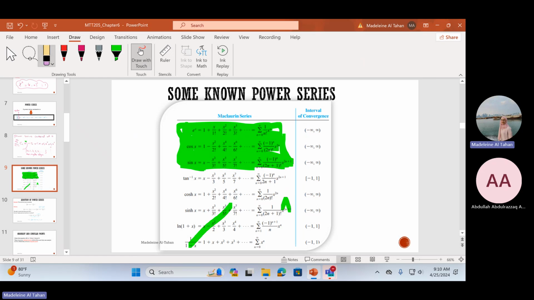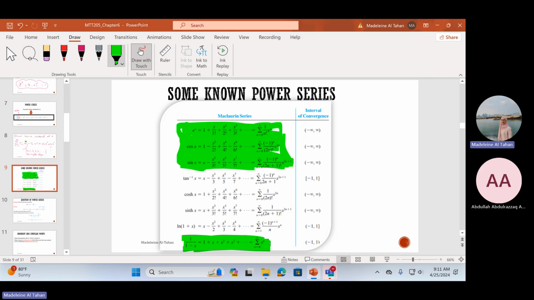But here I just would like to remind you that some of the functions we can write as a series, and you took them in calculus 2. Basically you also took this one, which we can think of as a geometric series as well.